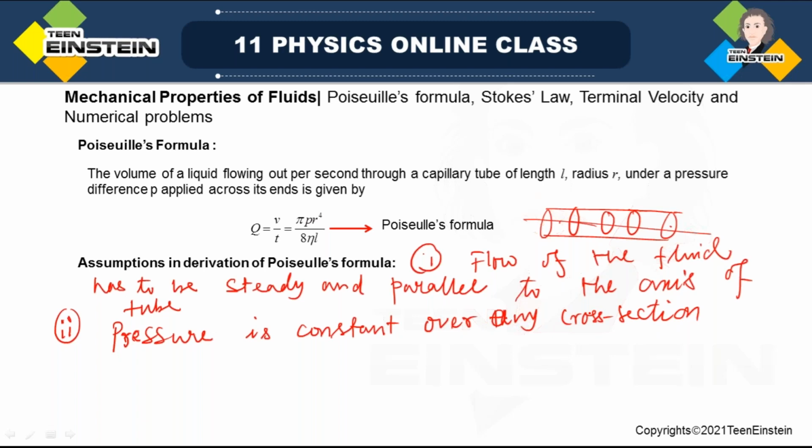Now liquid velocity is zero at walls. This we have already learned from viscosity also. The third point, we had already discussed this in viscosity.